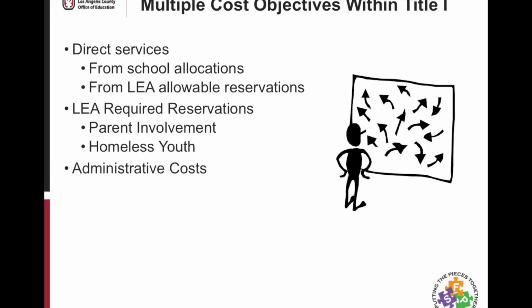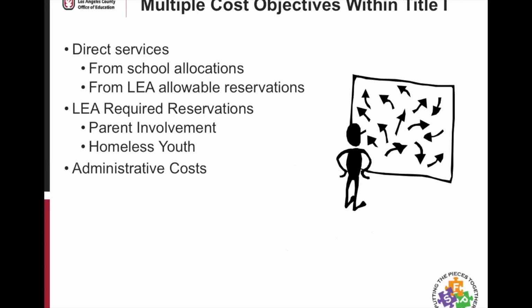Multiple cost objectives are within Title I. We mentioned that we have direct services. Remember yesterday we talked about direct services and administrative costs. And direct services are from school allocations and allowable reservations. Those are all direct services, but your reservations all need to be direct services too.